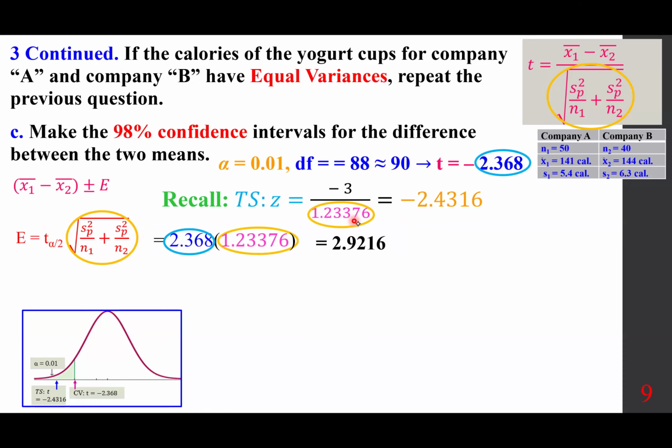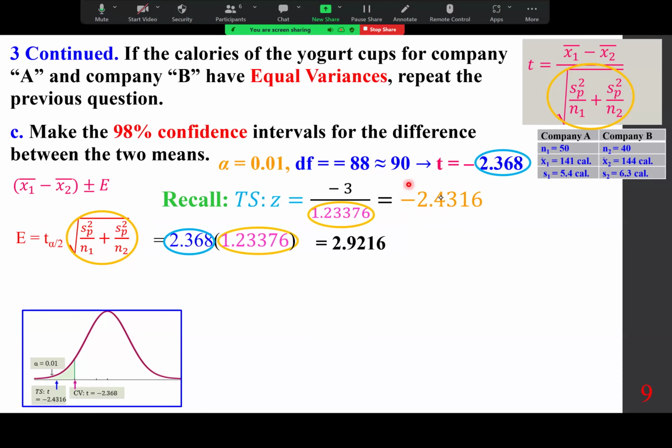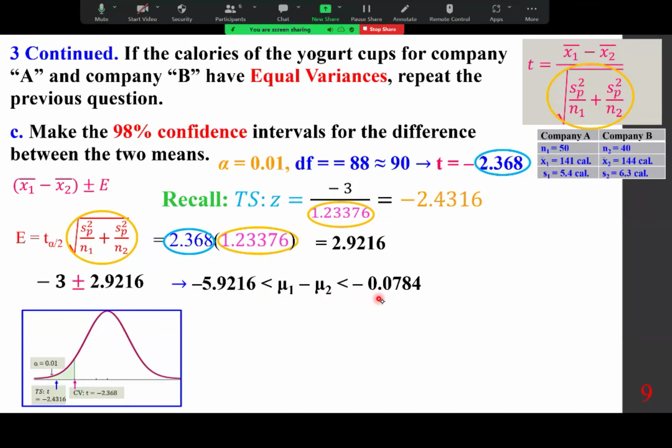2.9216. And so remember, the numerator is x1 bar minus x2 bar, so minus 3, plus or minus this number. And mu1 minus mu2 is between negative 5.9216 and negative 0.0784. Notice both of them have the same sign, meaning both of them are negative, and the confidence interval limits do not contain 0.